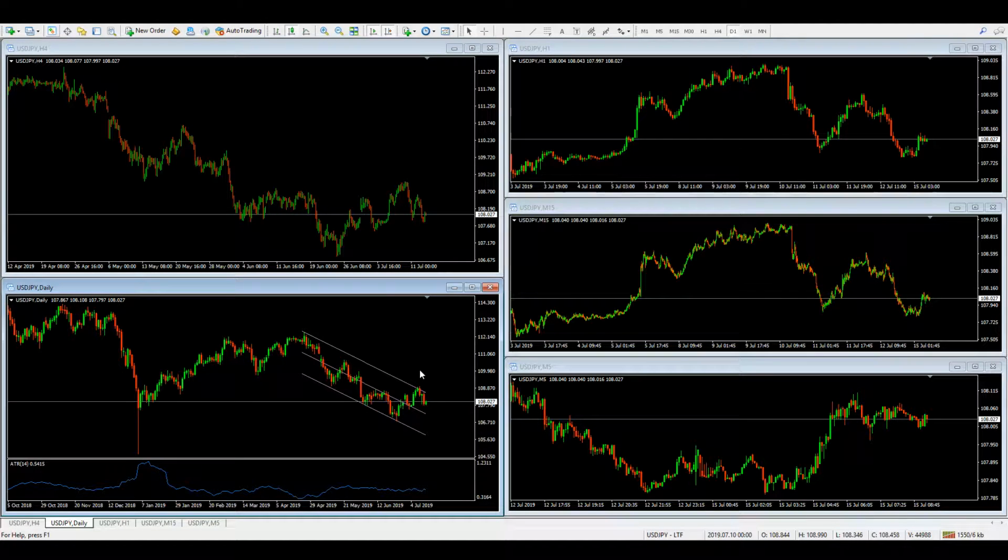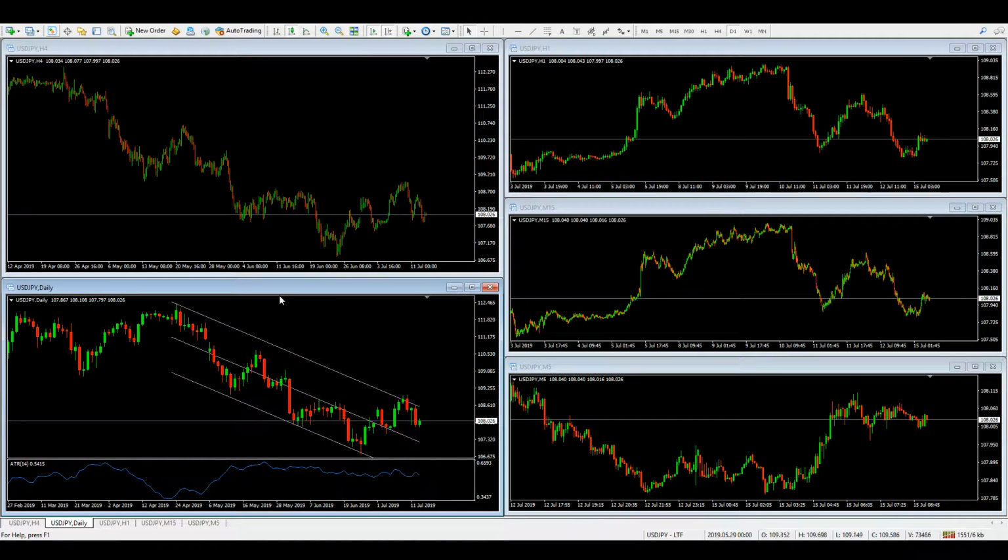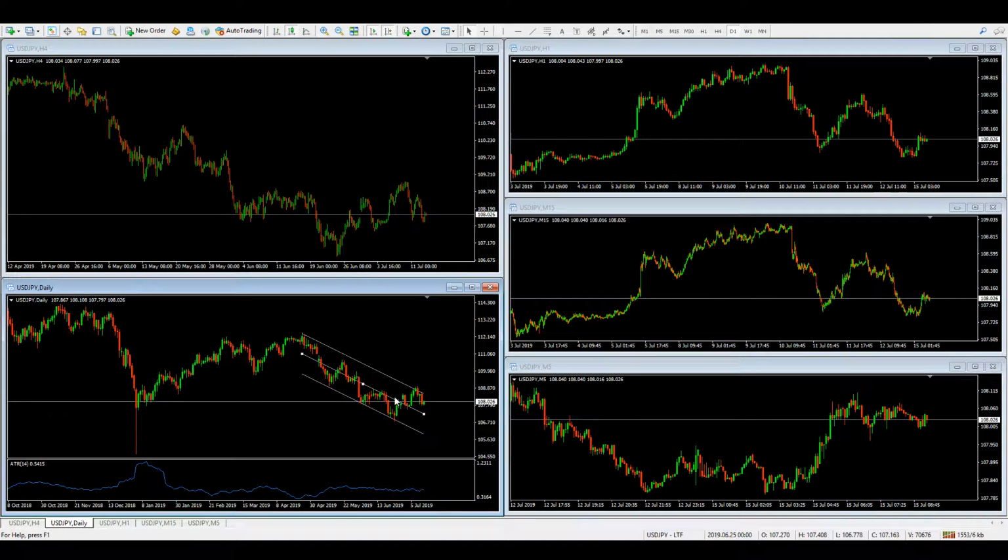What I've done here is put this around the most recent downward move. I don't know if you know how standard deviations work, but I won't go into how it works exactly at the moment.